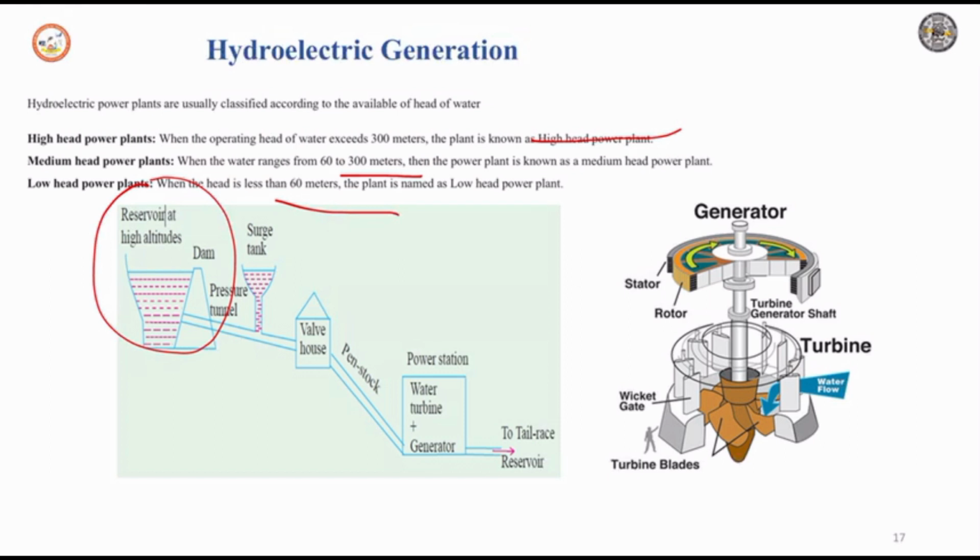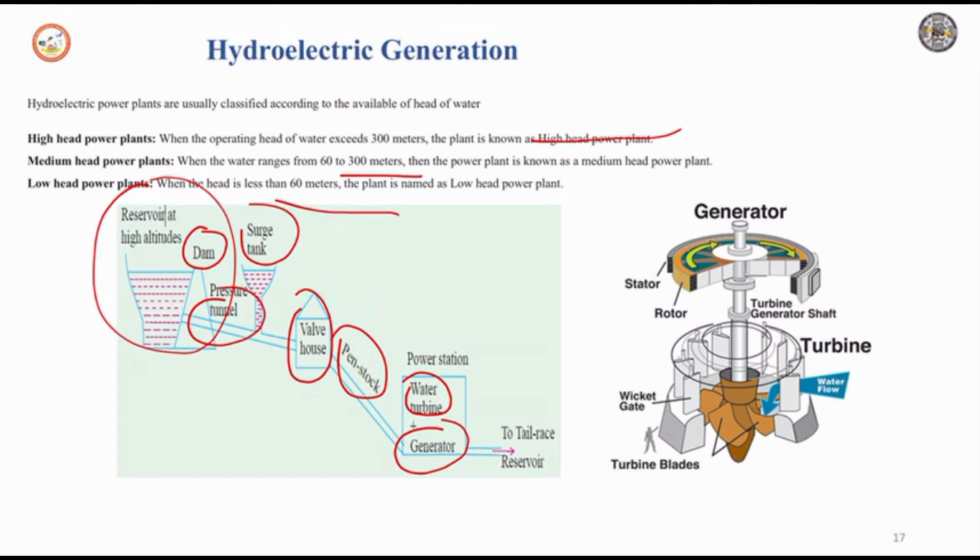Then what are the different parts of a hydroelectric power station? One thing you can observe here is that we have a dam, surge tanks, tunnels, valves, penstock, and the turbine which is coupled to a generator. These are all the major parts for power generation.